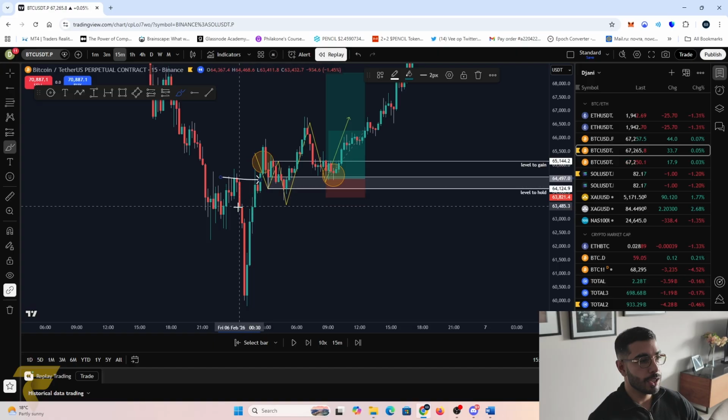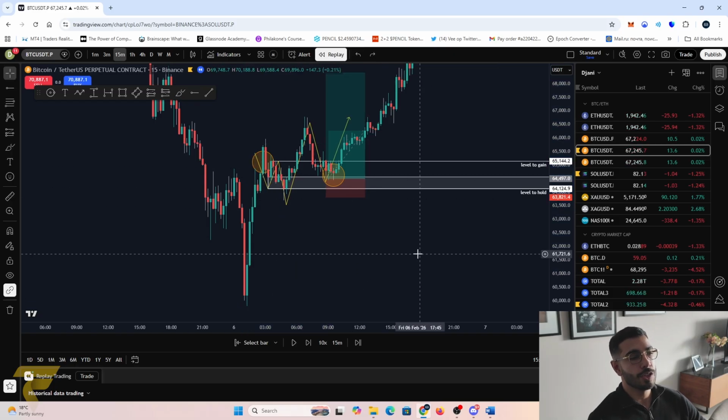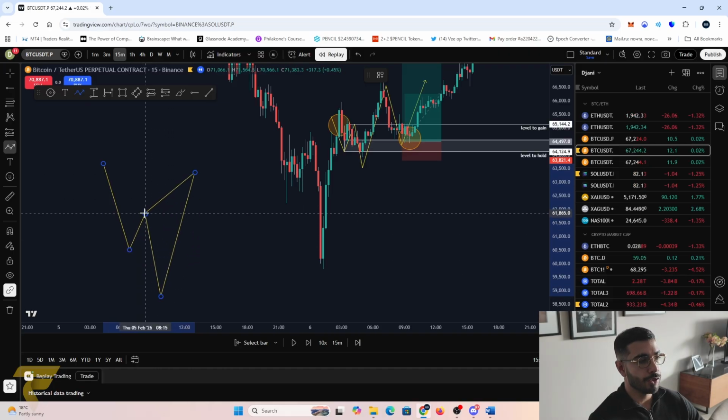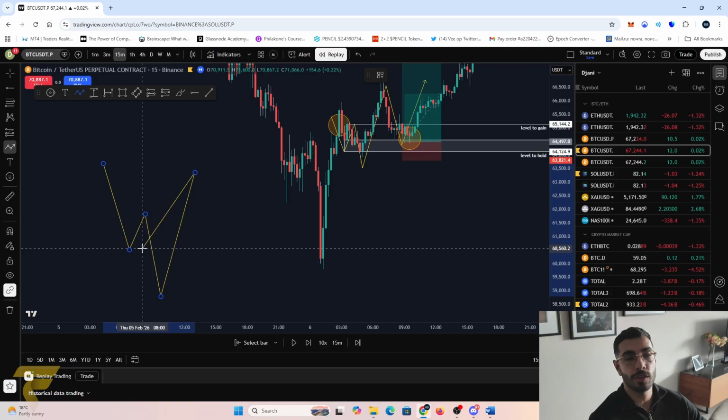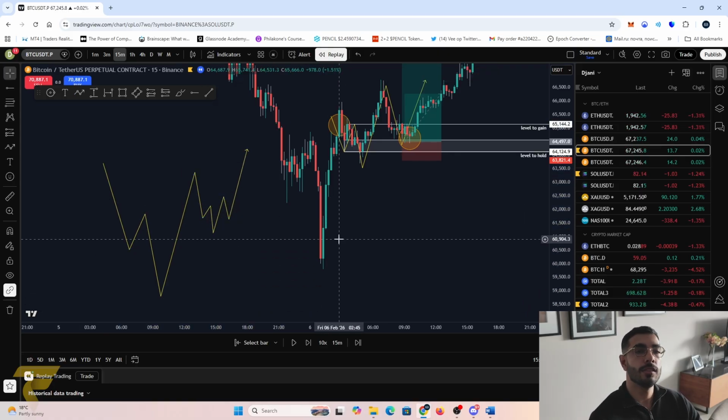Price could have potentially done something like this, but immediately dumped all the way lower and then maybe gave price action as follows, okay? So basically what I'm saying, again, you want to wait for a confirmation of a gain, and whether price is going to give a trade from this point or this point, you never know beforehand. But if they happen to retest a move to the low, and they are creating a mini reversal around it, that's how I usually take my trade.